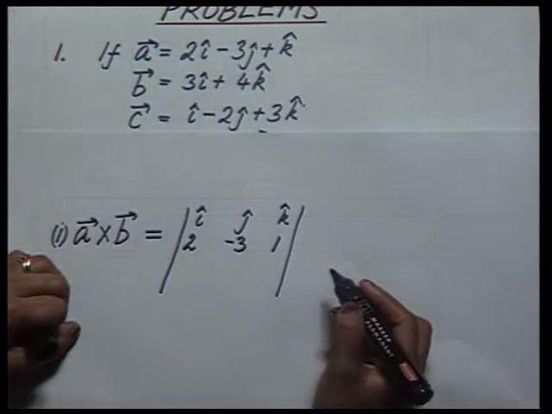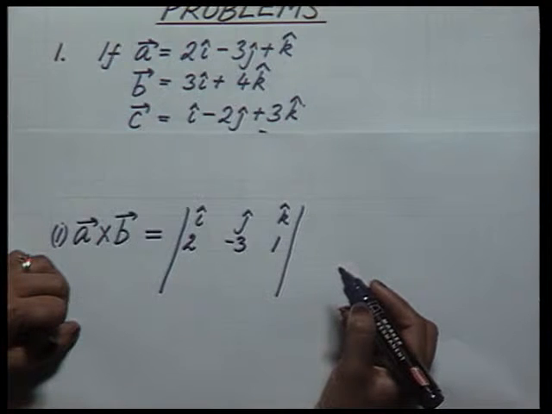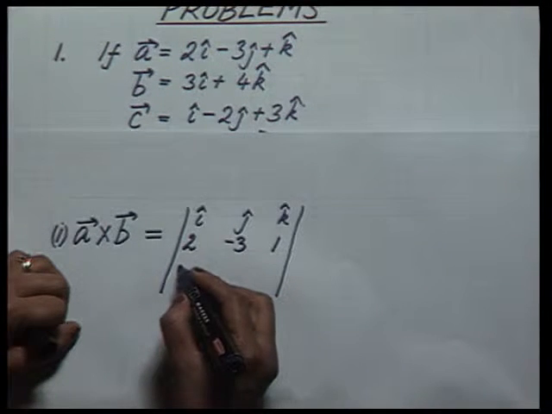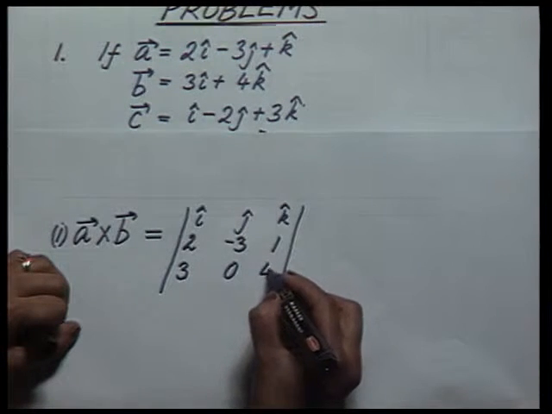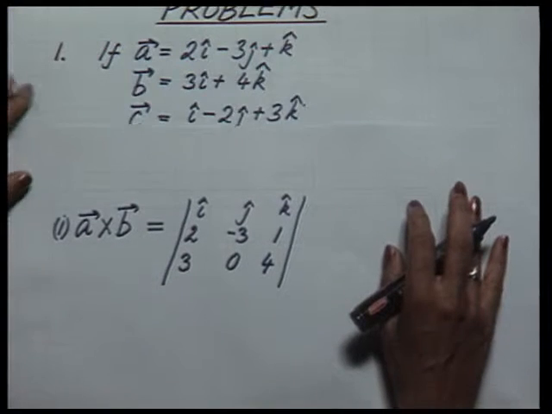The third row are the components of B, namely 3, 0, 4. We are not concerned with C in this problem.